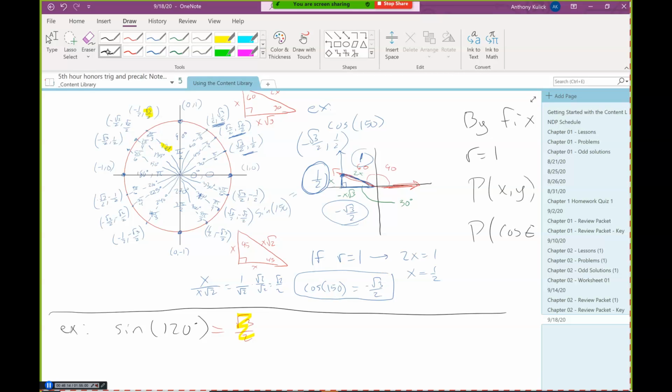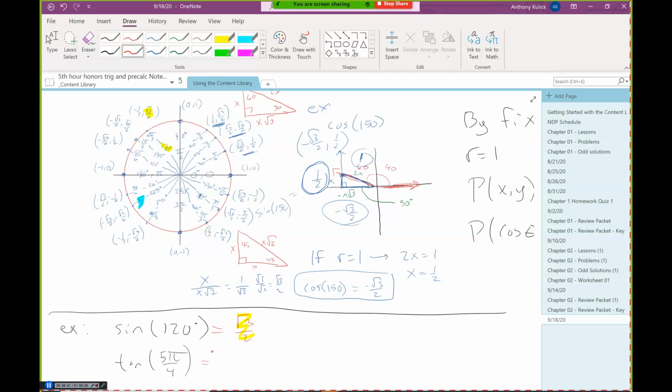What if I wanted to do tangent of 5 pi over 4? Well, I'm going to locate 5 pi over 4 on my unit circle. It's right here. And I remember that tangent is y over x, or you guys remember that from yesterday?